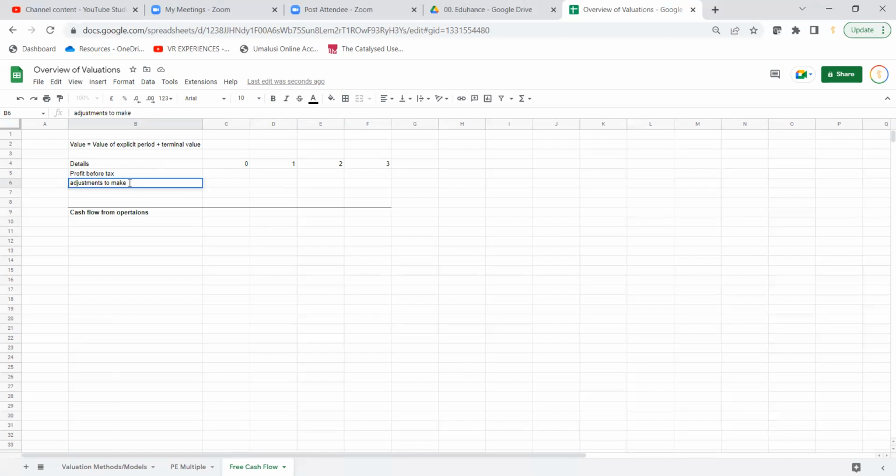The two types of adjustments are, one, non-cash flow, and two, non-operational.